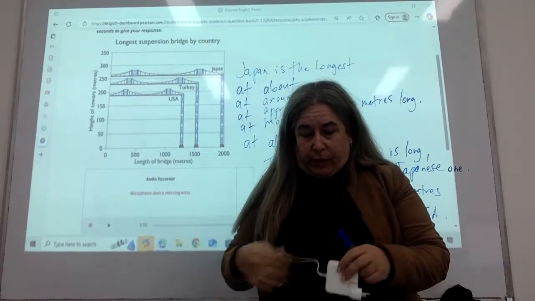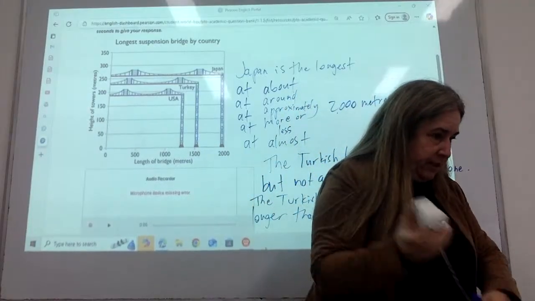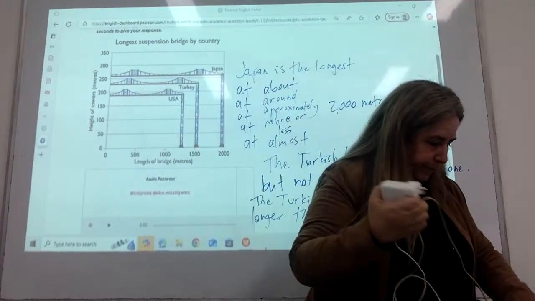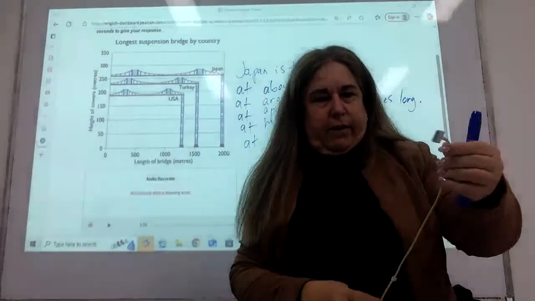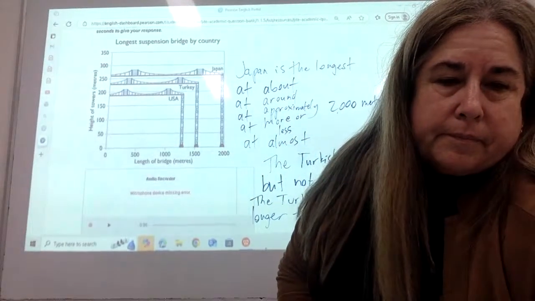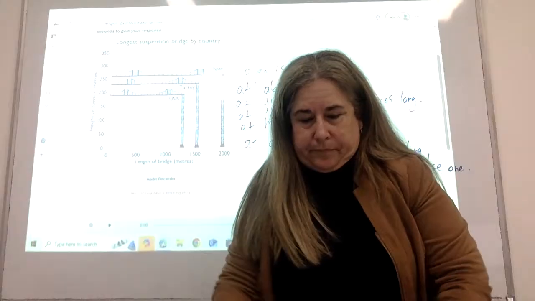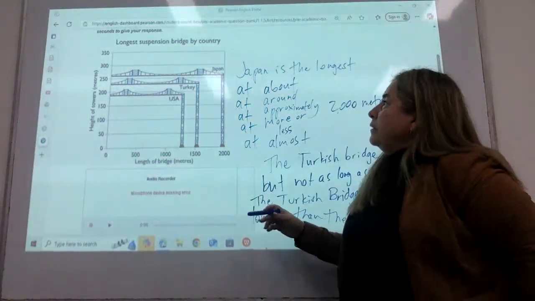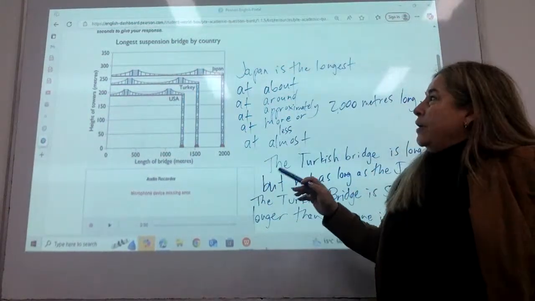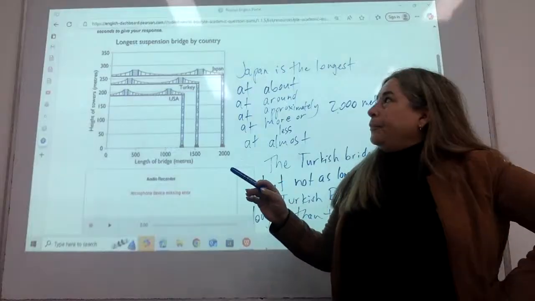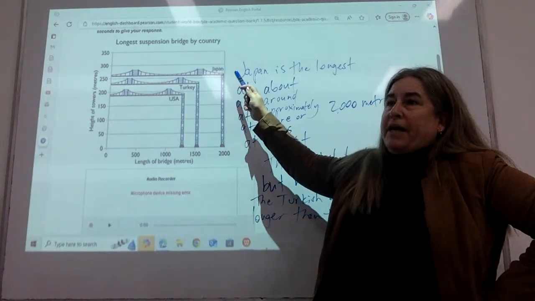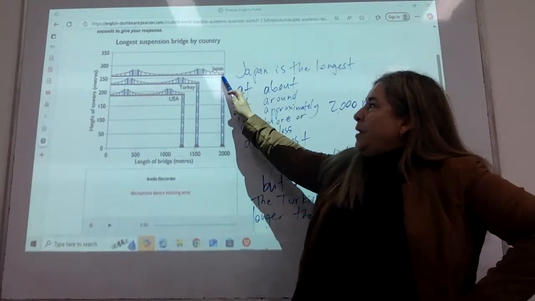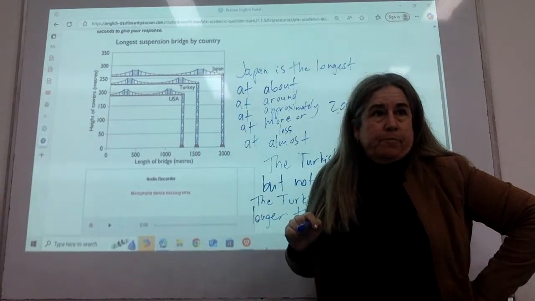So here, for example, you would say, the image is showing longer suspension bridge by country in Japan, Turkey, and USA.